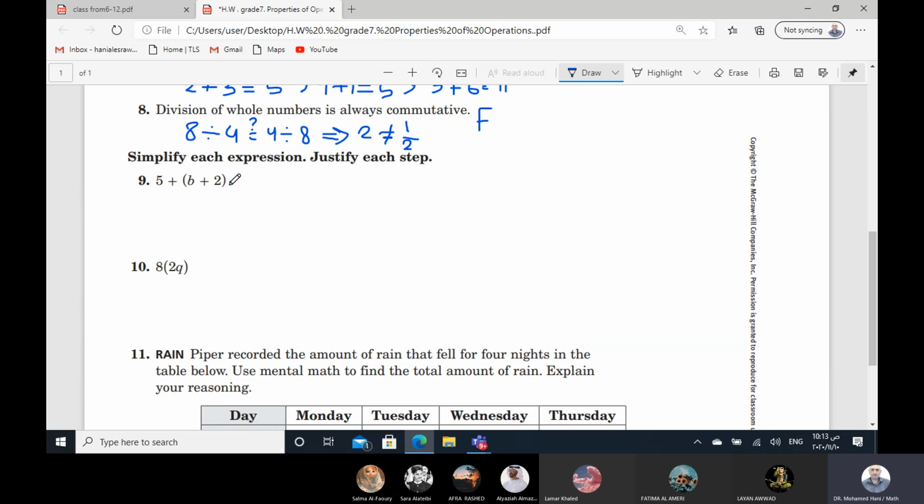But we can change the place of numbers, and we can change the place of parentheses. So at the first step we can write 5 plus, take 2 to the left, then take b to the right. The name of this property is commutative of addition.